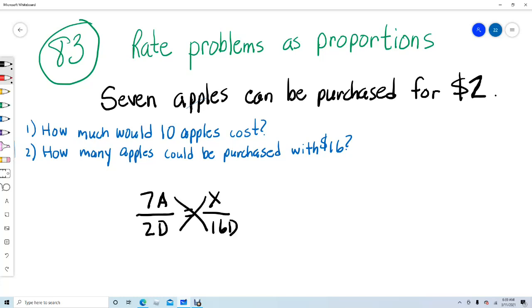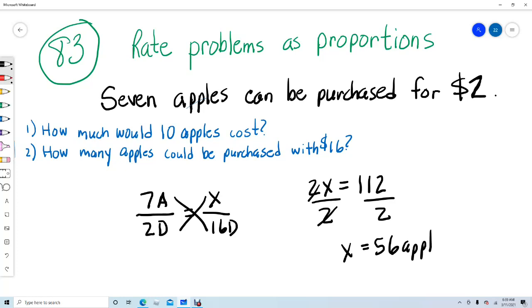Right, let's cross multiply those. Let's drop out our units for a moment while we write our math problem. 2 times x, set that equal to 7 times 16, which is 112. Get x all by itself by dividing both sides by 2. x, again, equals 56.